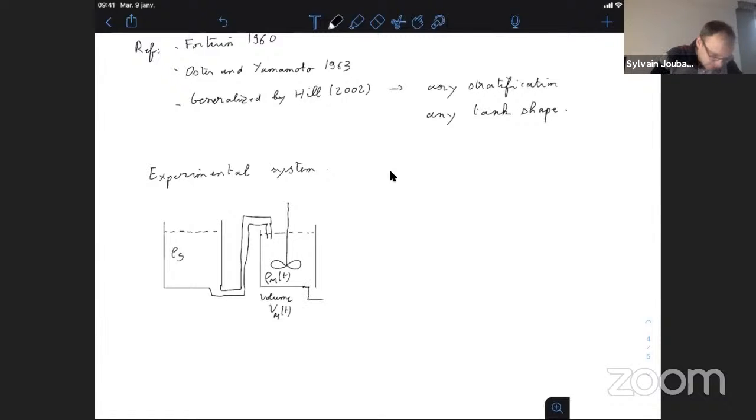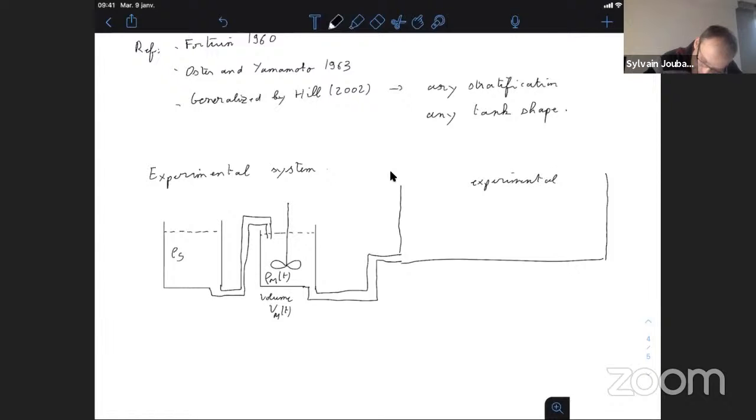And then from this tank, you go to what is interesting, the experimental tank. I will show you a stratification we realized in the lab, and I will then answer your question about the diffusivity of salt, but it's a very good question.